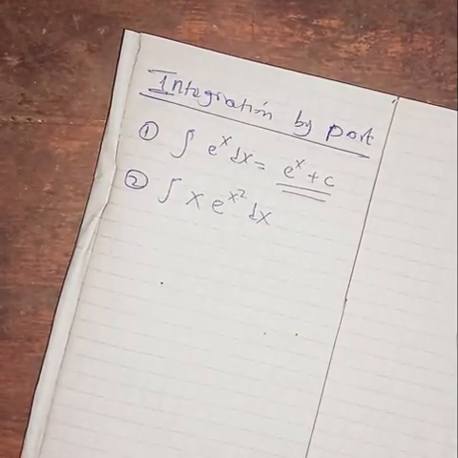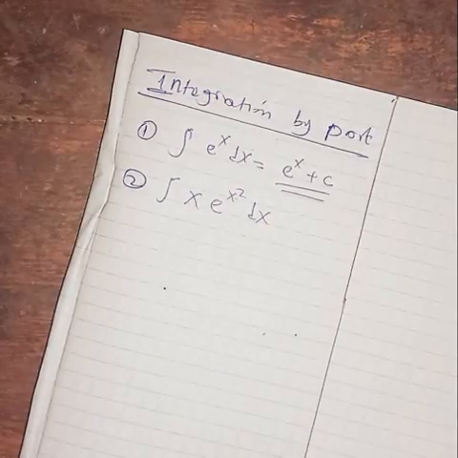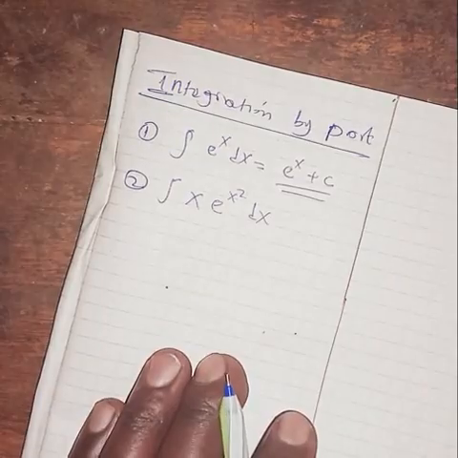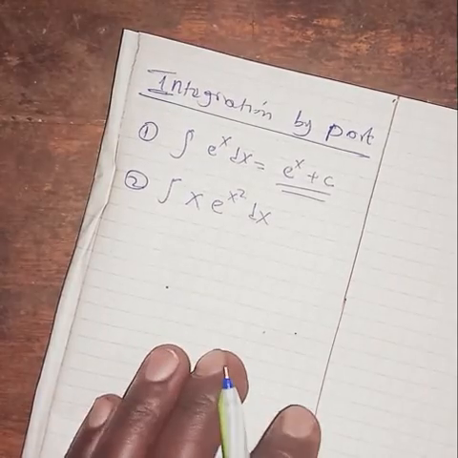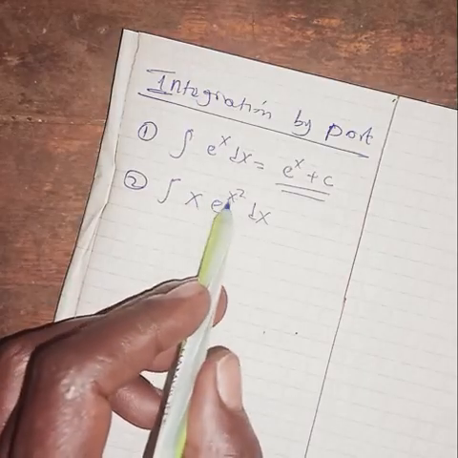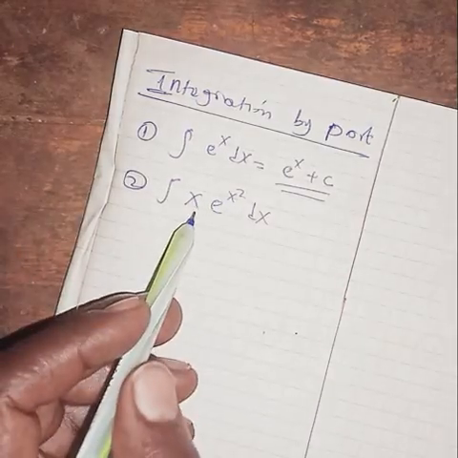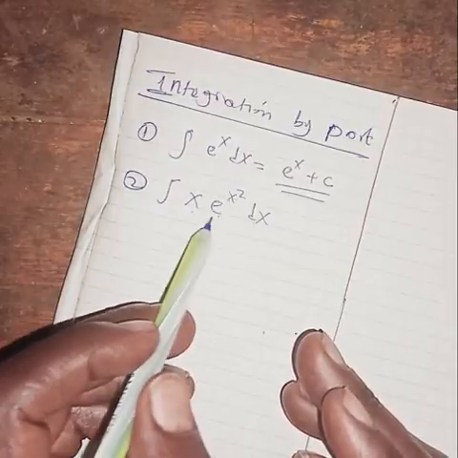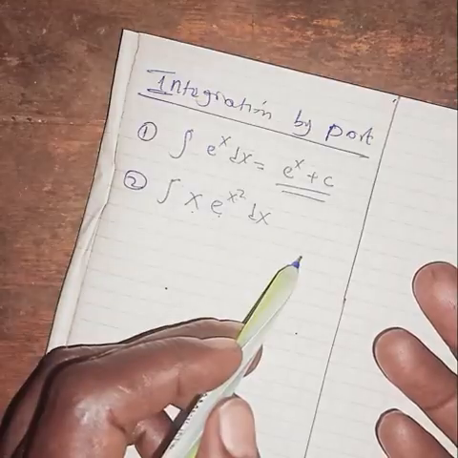So when you have been given such a function and you have been told to integrate, you are seeing that we have just two parts. We have the x part and we have e raised to x squared dx, which is the other part.